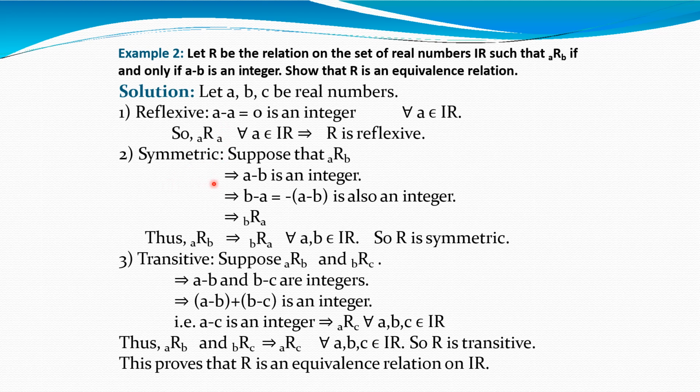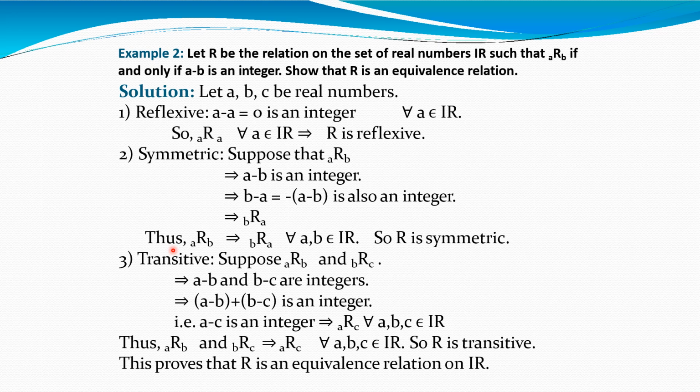Now here we got a minus b is an integer. Now we can write b minus a as minus of (a minus b). But see, a minus b is an integer. So minus of (a minus b) is an integer. That means b minus a is an integer. So again using the definition of relation in reverse way, b related to a. Thus, a related to b implies b related to a for all a, b belonging to R.